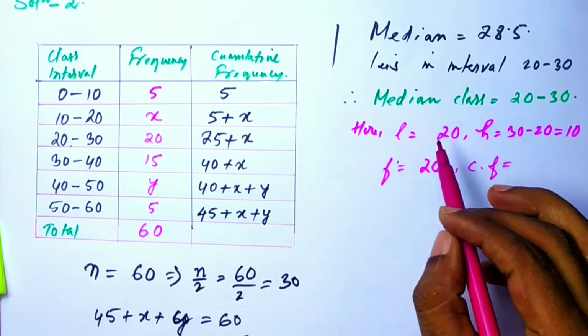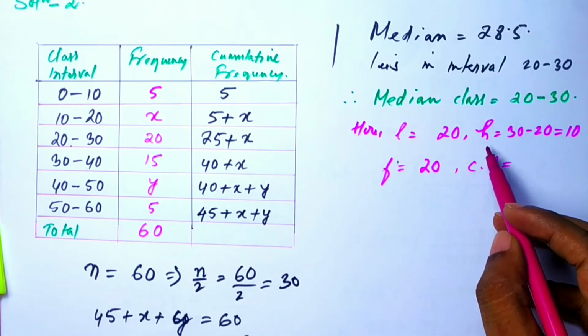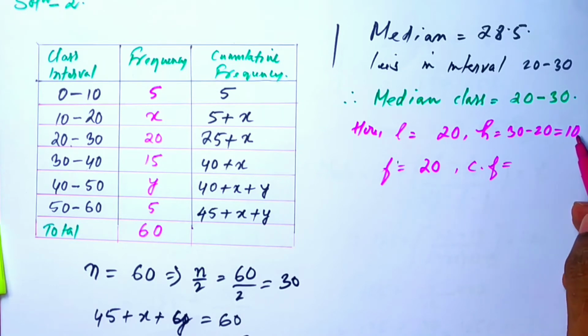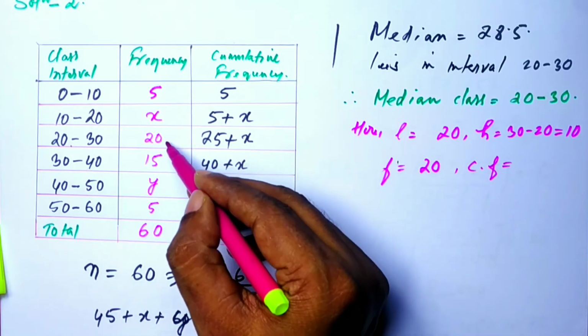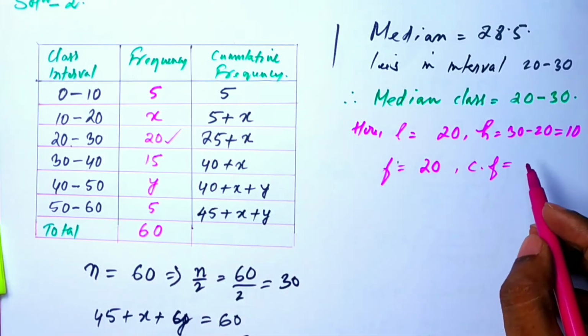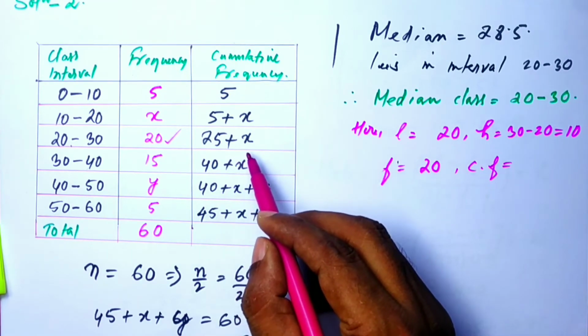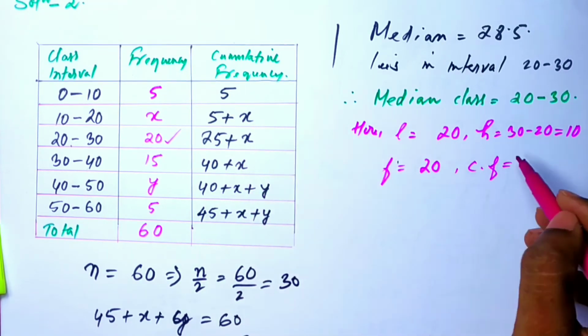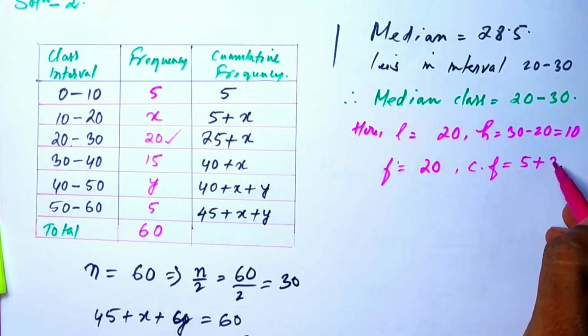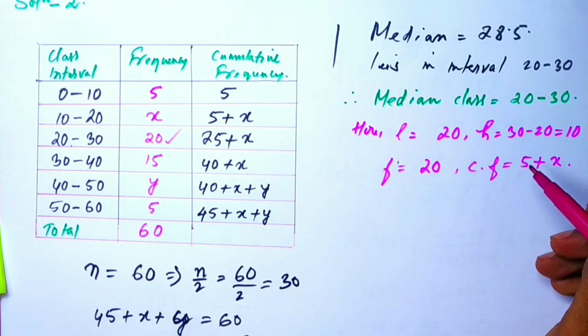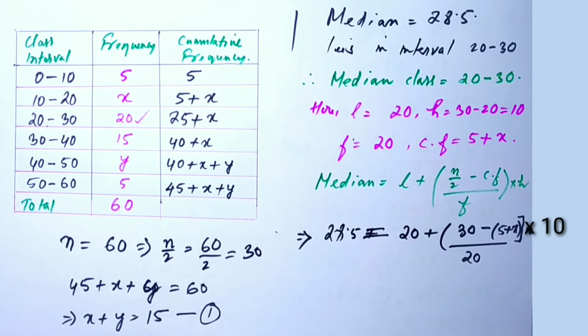So L will be 20, class size h will be 30 minus 20, which is 10, frequency is 20, and the cumulative frequency preceding the median class is 5 plus x. So therefore we have the median formula, so we substitute the values.